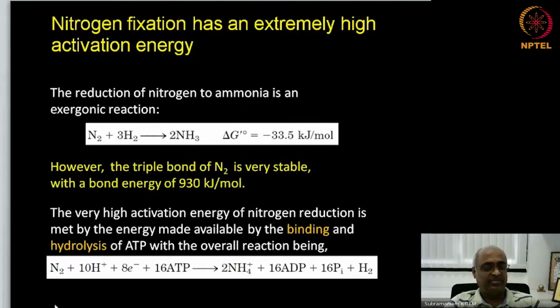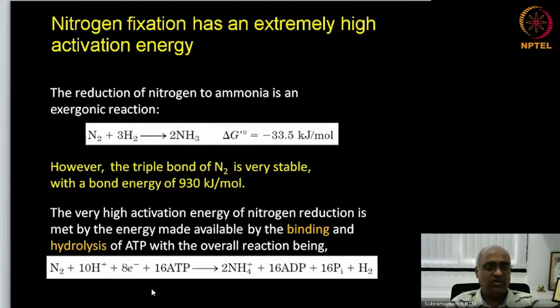Okay, and just to take care of the stoichiometry of this catalysis, 2 protons are reduced into a hydrogen molecule. So that happens as part of it. So essentially, you need 6 electrons for the reduction of the nitrogen molecule into 2 ammonia molecules.